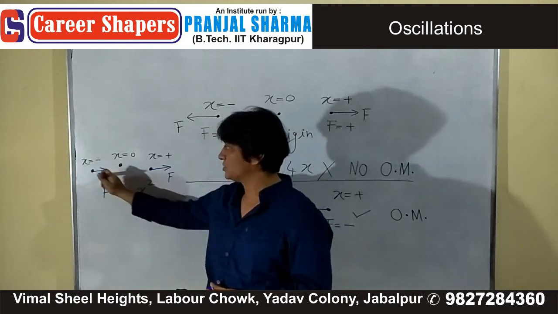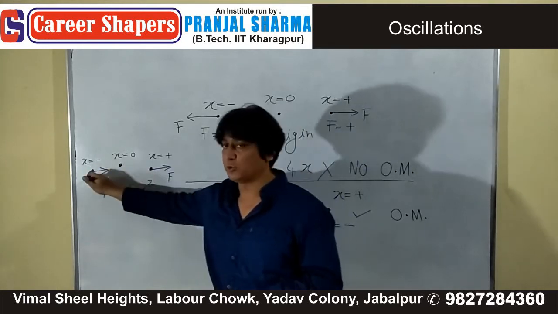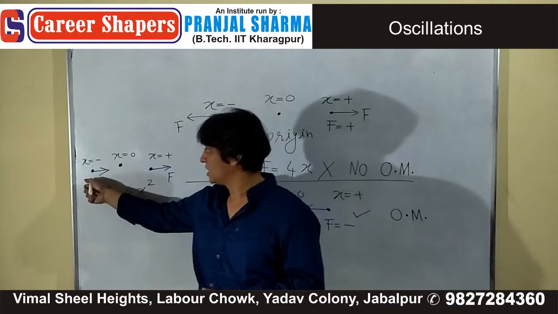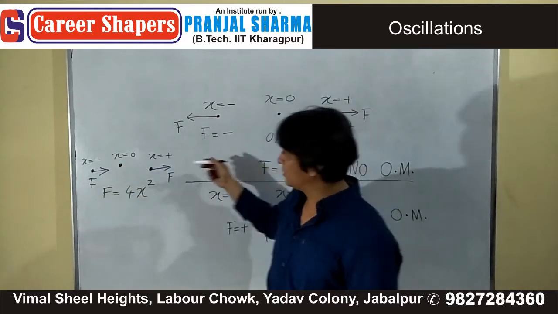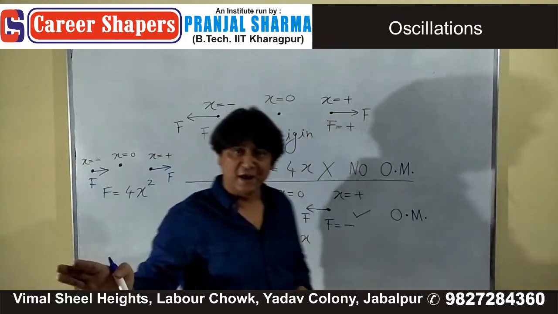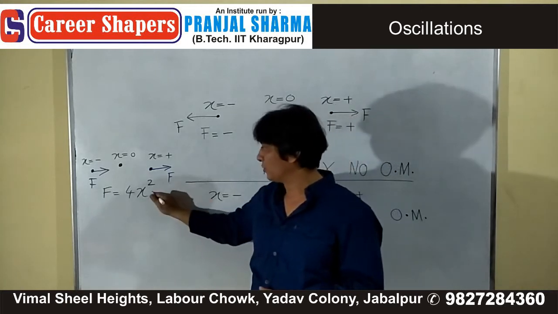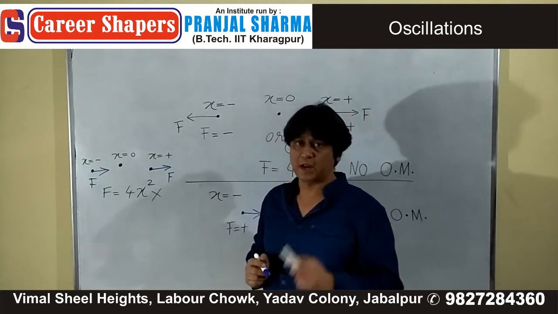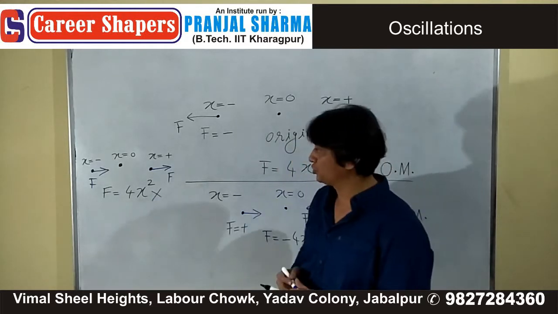This object is always moving, whatever be the position, under this force to the east side. And therefore it will continue moving towards positive infinity. It will never execute to and fro motion, and therefore we do not see any oscillatory motion. Cross means there is no oscillatory motion.